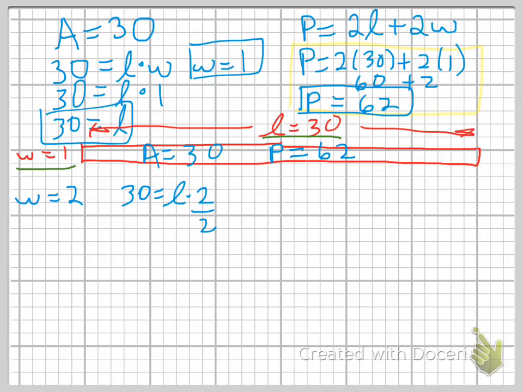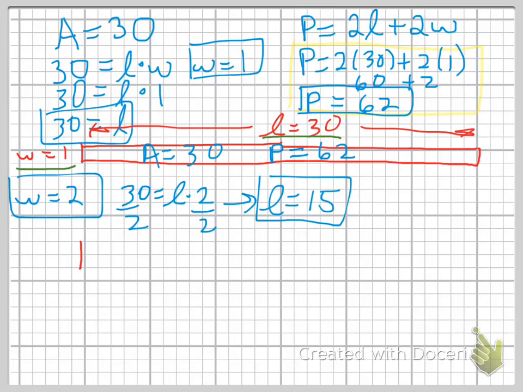So if I divide by 2, I get a length equals 15. If you draw it, it's going to look something like this. W equals 2, and the length, I'm doing groups of 5, so, whoops, that's a poorly drawn one. So 1, 2, 3 times 5 is 15.